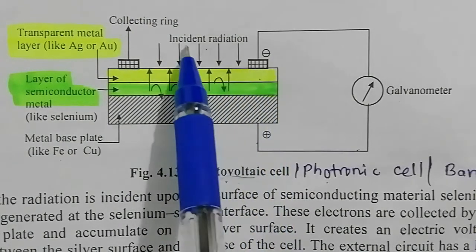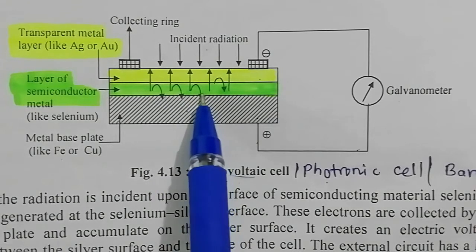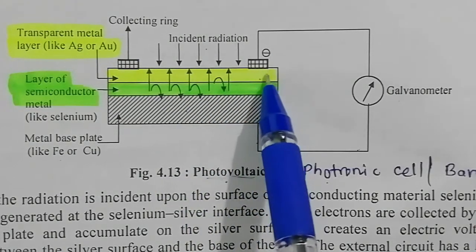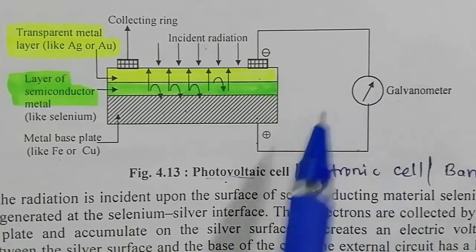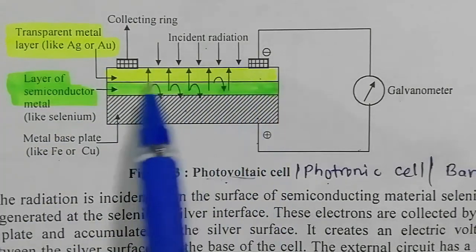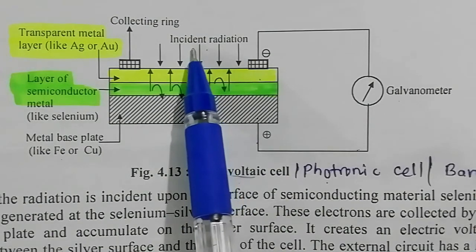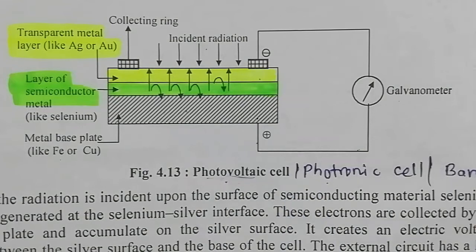As the intensity increases, the amount of photoelectrons emitted from the semiconductor material increases, which gives rise to the photocurrent, and these electrons travel in the circuit and are detected on the galvanometer. So the magnitude of photocurrent generated depends upon the intensity of incident light, and it is directly proportional to the intensity of incident radiation.